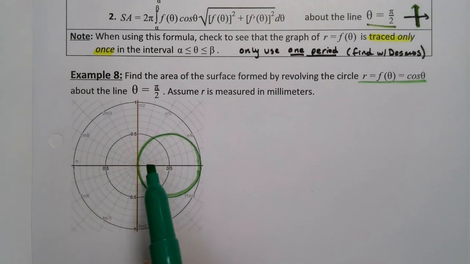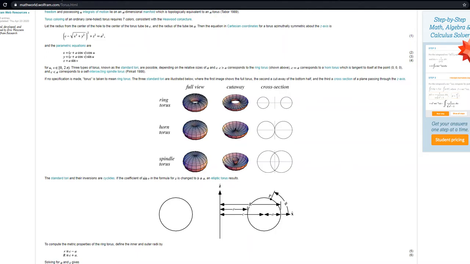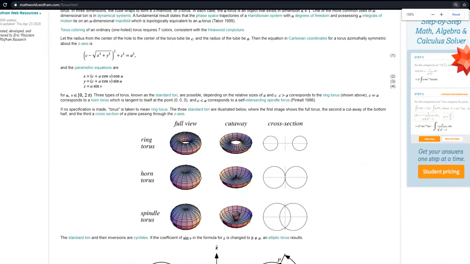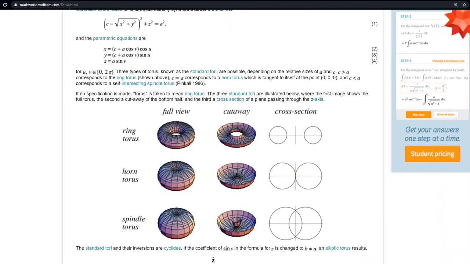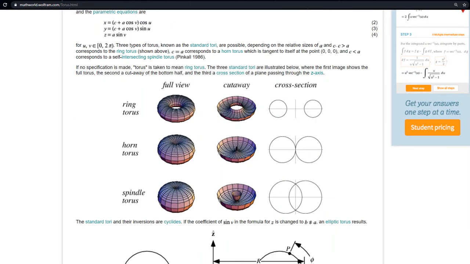It's going to form kind of a donut shape, although the hole won't really be there. So it's, I think, called a torus. Yes, indeed. A torus is a fancy name for a donut. So you can see the spindle torus is kind of what we're looking at. So one where it kind of touches inside, or perhaps a horn torus, something along those lines. So it doesn't have quite the ring that a donut does because it doesn't have that hole in the center.